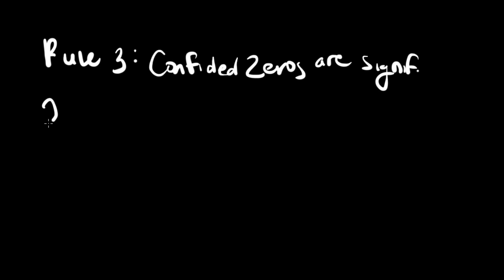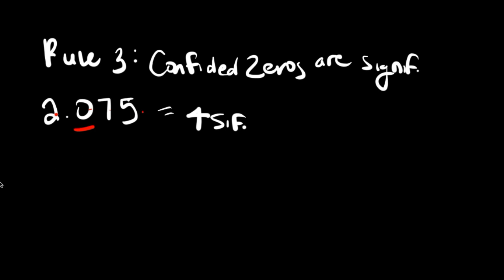Let's say 2.075. What would you think of this? Because this zero is in between the 2, the 7, and the 5, it's going to be significant. So it's 1, 2, 3, 4. That's four significant figures.